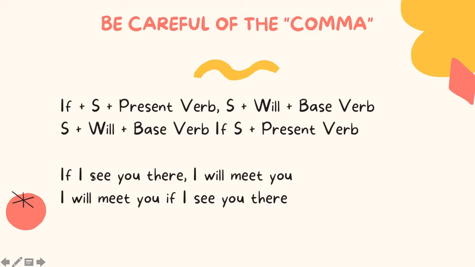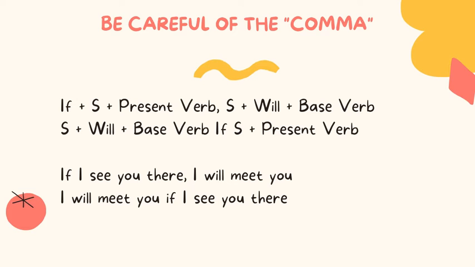Let's see the examples. The first example uses if at the beginning, and there will be a comma after the first clause: if I see you there, comma, I will meet you. The comma here is very important, so it has to be there. If you do not put a comma here, the sentence will be incorrect.